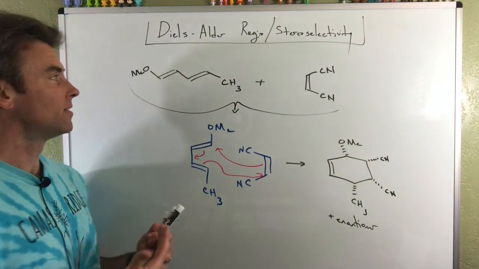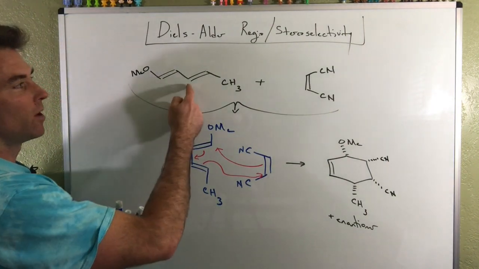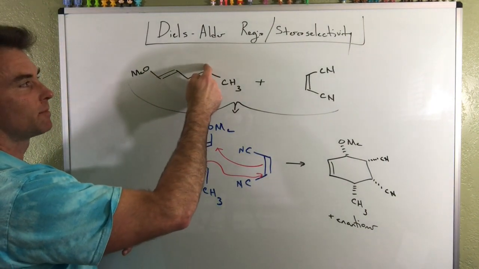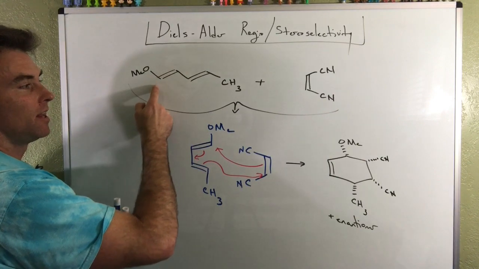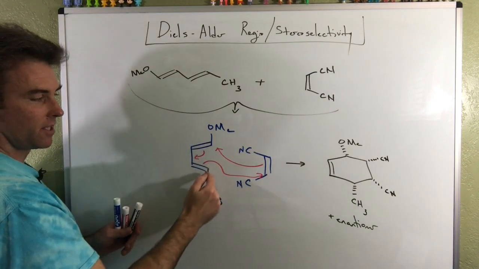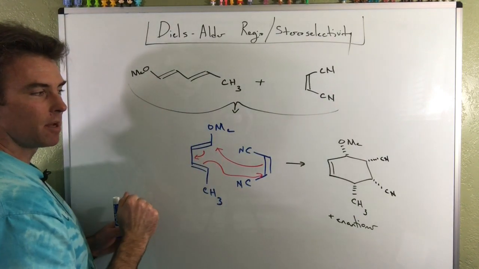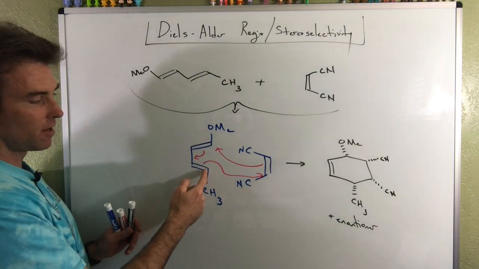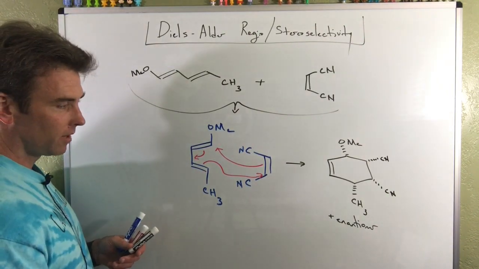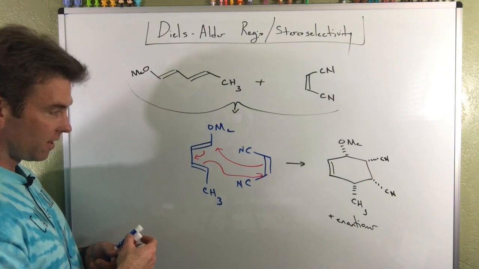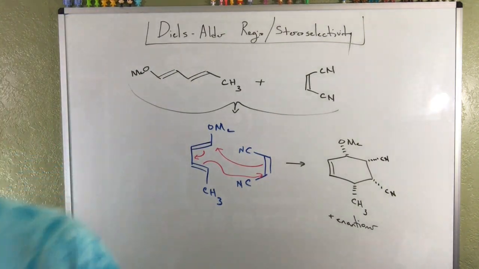That always helped me to remind myself that whatever is in the inner position ends up on the opposite side. So if we had some other group here, let's just, for fun, add it in green.